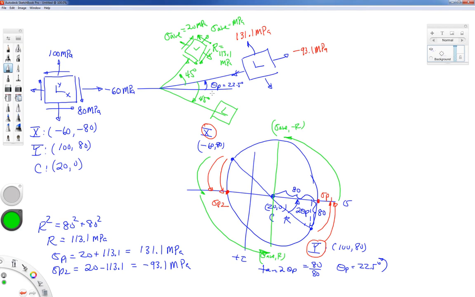Now I want to caution you that a lot of books, what they'll do is they will take the difference between 45 degrees and 22.5. So they would probably say theta s would be equal to minus 22.5 degrees. And they define this as theta s off of the x-axis.